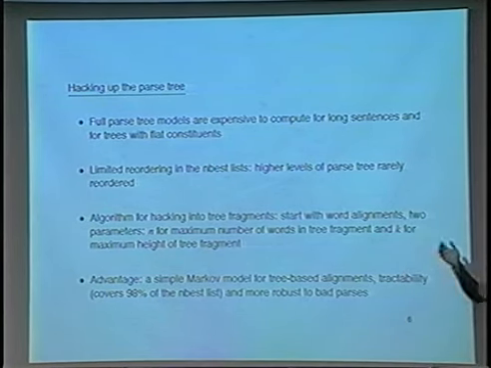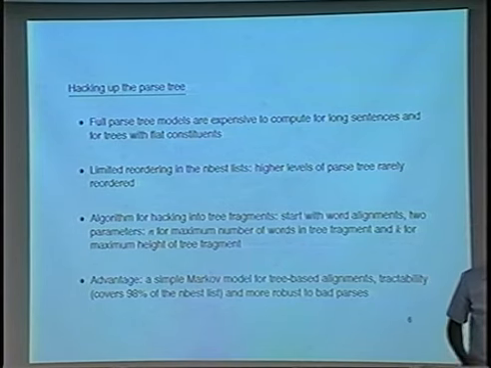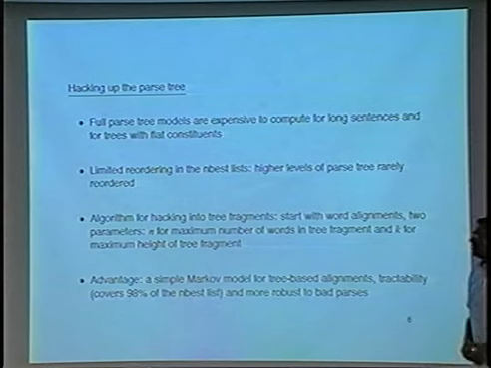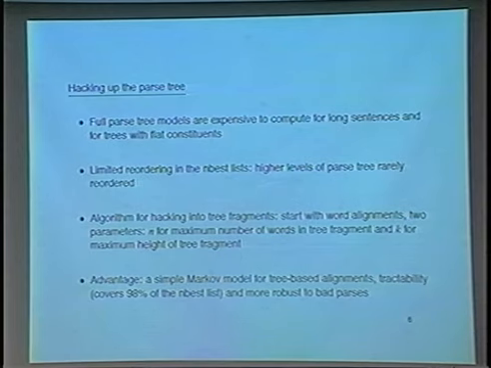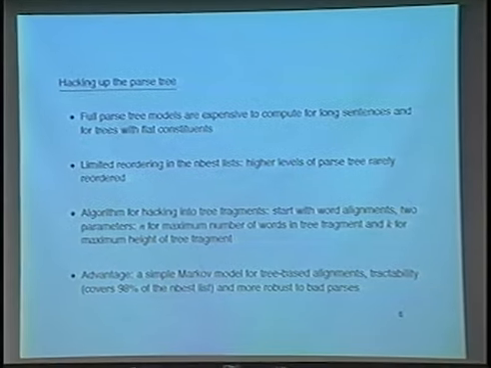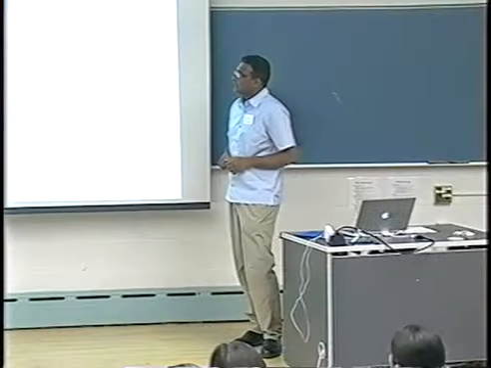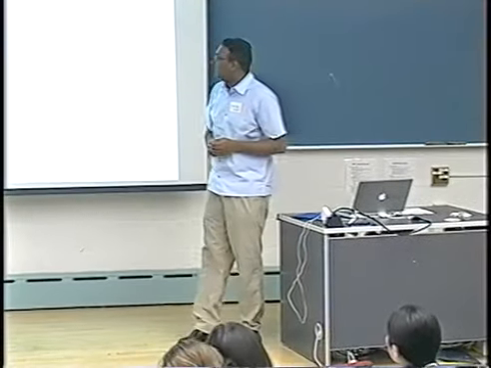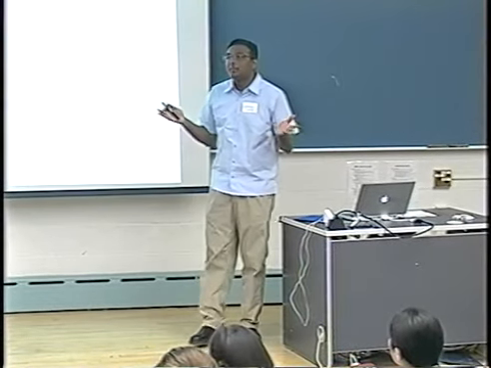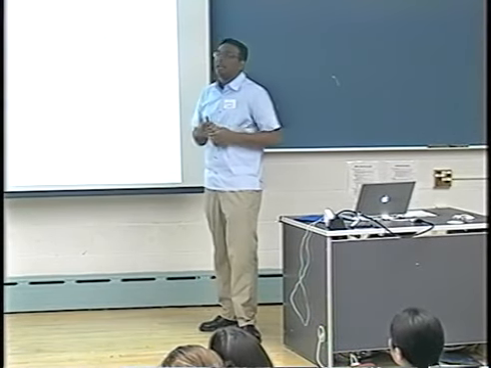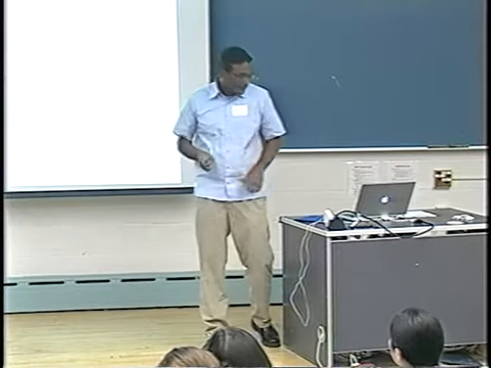So what we came up with after introspecting on these invest lists for a while is a very simple algorithm hacking this full parse tree into tree fragments, wielding a large machete across the parse tree. What we do is we start with the word alignments, and we have two parameters: the maximum number of words we want in the fragment, and the maximum height of this tree fragment that we will accept.